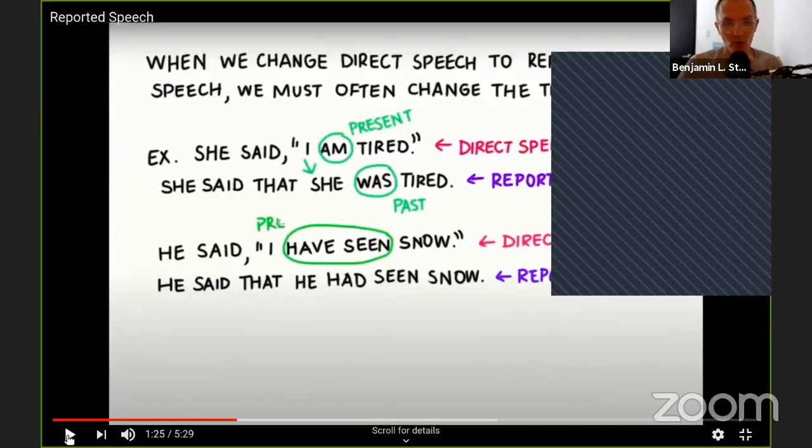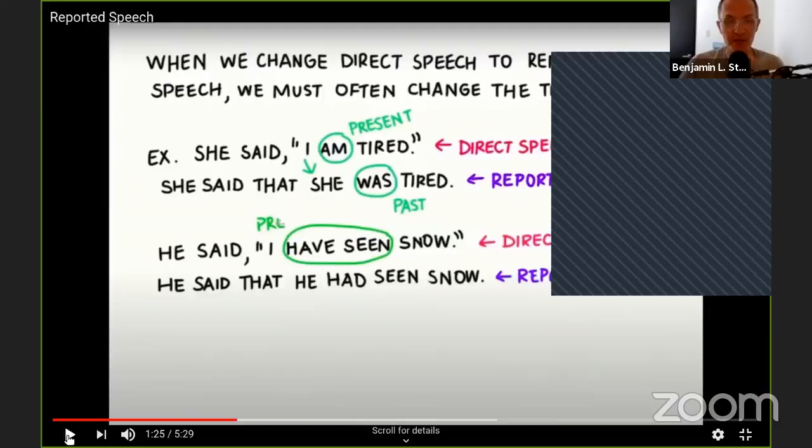Now, in the reported speech example, we're using the past perfect tense because we have to indicate and distinguish between two things that happened in the past. The first thing that happened in the past was that he saw snow, right? The second thing that happened was he said it.